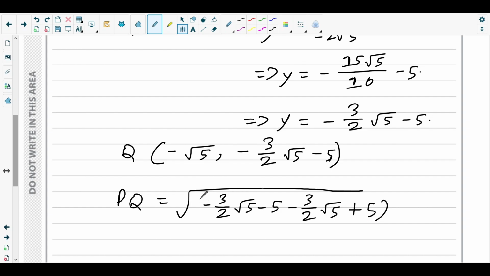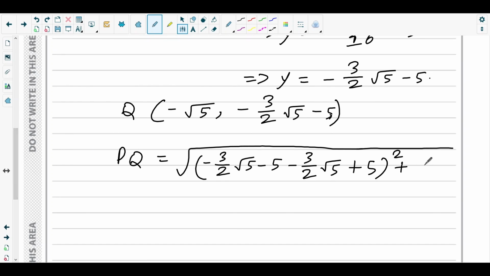Positive 5 whole squared plus x2 minus x1 whole squared. x2 is negative square root of 5, x1 is square root of 5. So negative square root of 5 minus square root of 5 will give negative 2 square root of 5 whole squared. Okay, now just simplify the part within the square root.